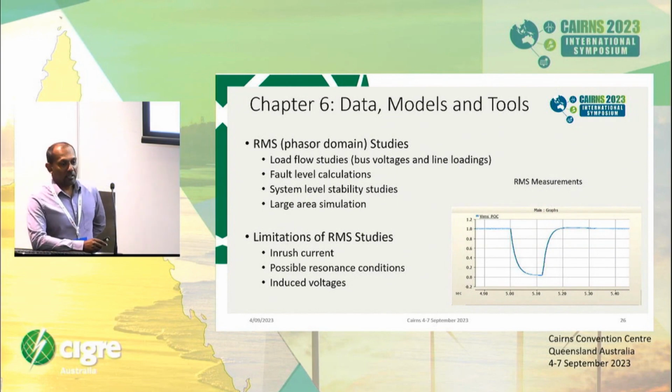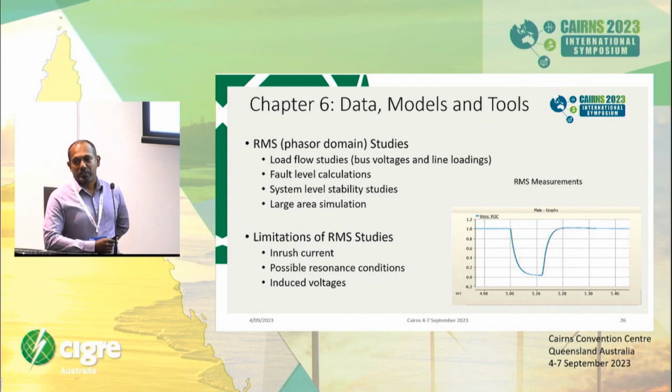The main advantage of RMS studies is that they are simple and can be applied to a relatively large area, but there's always a compromise in accuracy, and some phenomena like inrush current, possible resonance conditions and induced voltages will not be replicated in an RMS background.